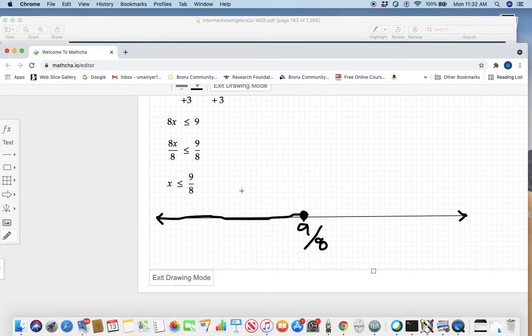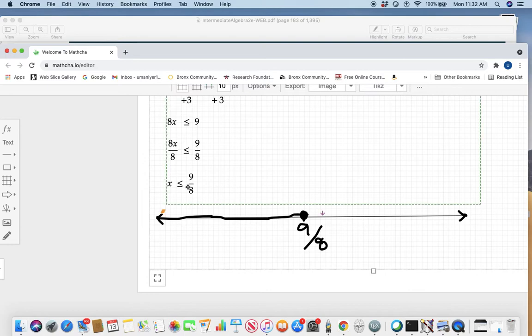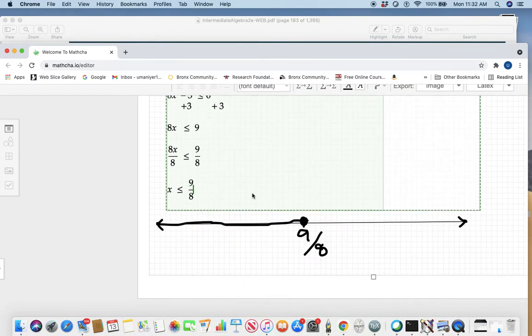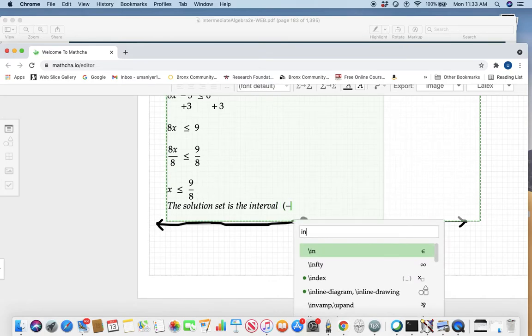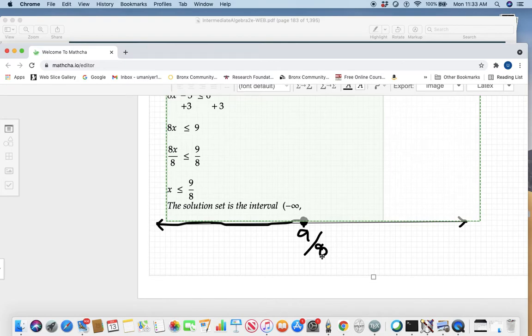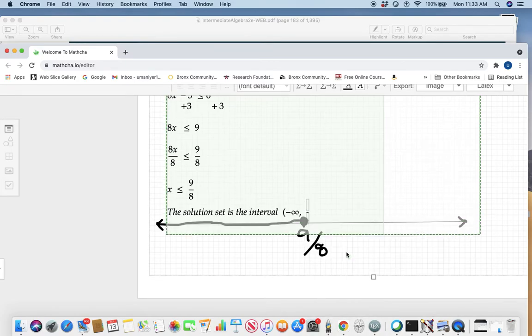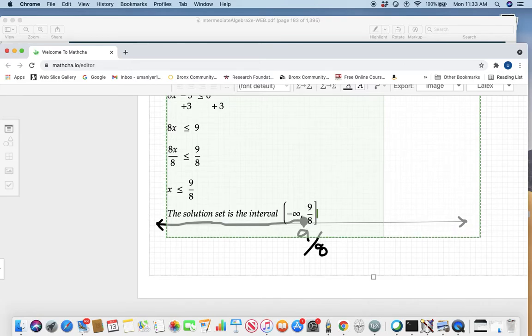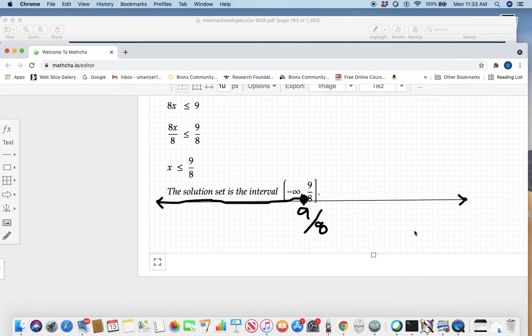So the solution set is the interval, and how do I read the interval? From negative infinity to positive 9/8. Remember, 9/8 is a filled-in point, so a closed bracket. That's how you go over this.